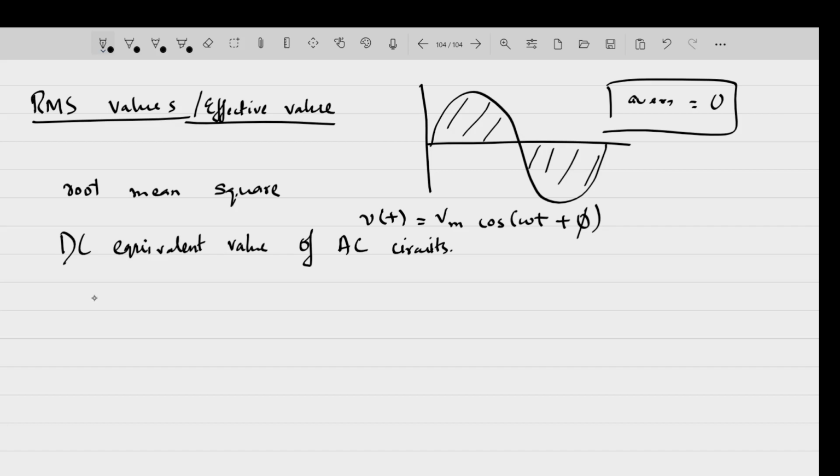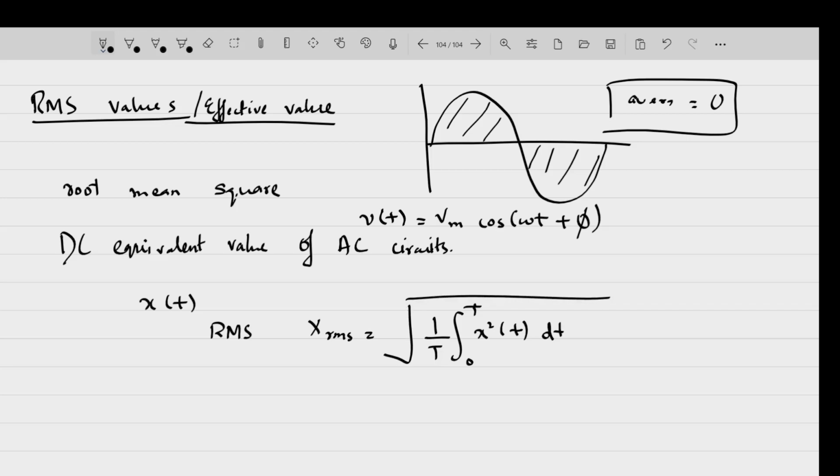So say for example, we have any function x of t, its RMS value x RMS is given by, first of all, squaring this function, then finding out its average value by integrating it over the time period T, and then taking its square root. Fine.